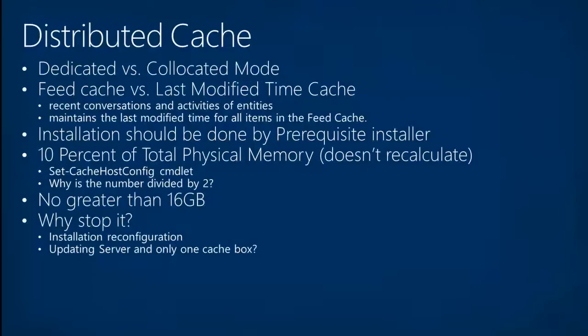Now we have some guidance that we really don't want you to go above 16 gig. And you might say, well, what if I just want to really have a huge amount of memory pointed at this thing and have an array of very large servers? What would I do with that? In that particular case, the reason we really don't want you to go that high on memory is because the amount of time it takes to repopulate the cache gets higher and higher. It takes longer and longer. So right around the 16 gig mark, you're getting some of the better performance.